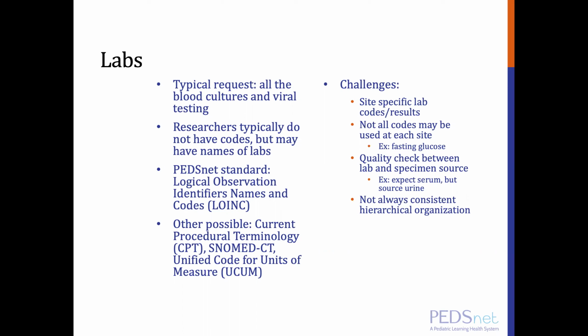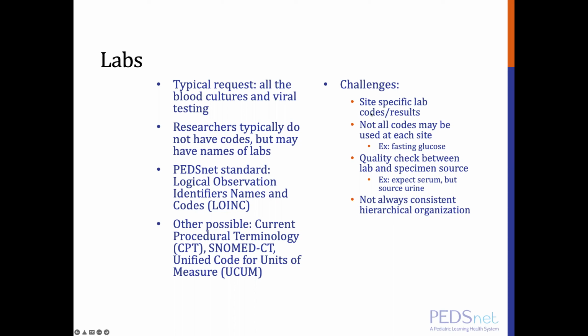The PedsNet standard for lab codes is that in our common data model, we want everything in LOINC, Logical Observation Identifiers Names and Codes. Other possibilities might be CPT codes, SNOMED, because SNOMED covers many, many domains, etc. But really, LOINC is what we want our labs in.